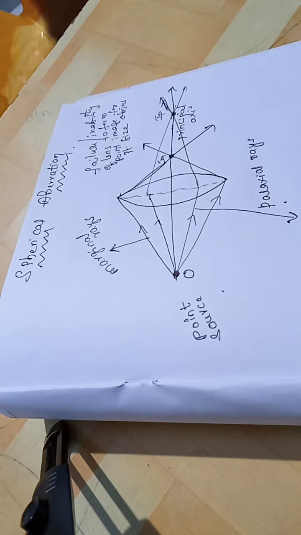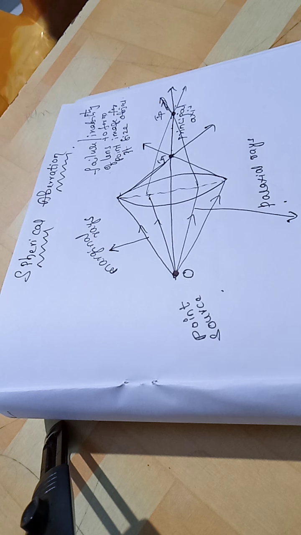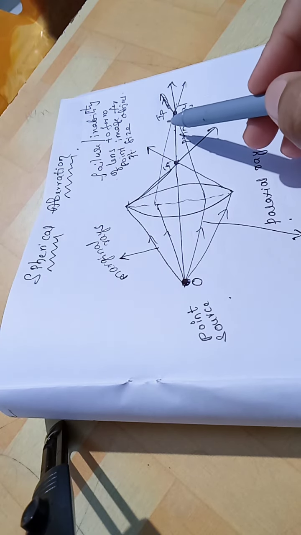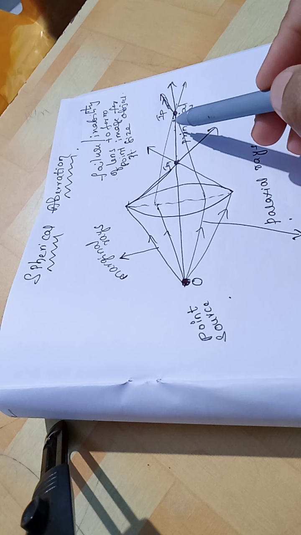So what is spherical aberration? The failure or inability of the lens to form a point image of an actual point object is called spherical aberration.